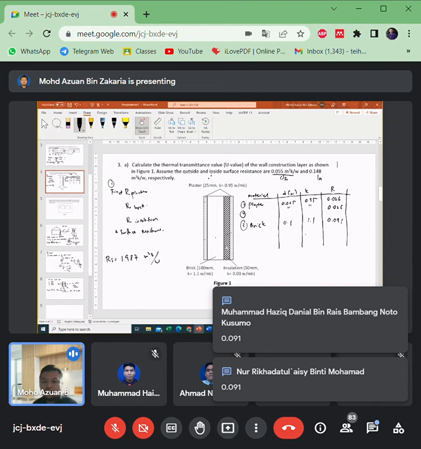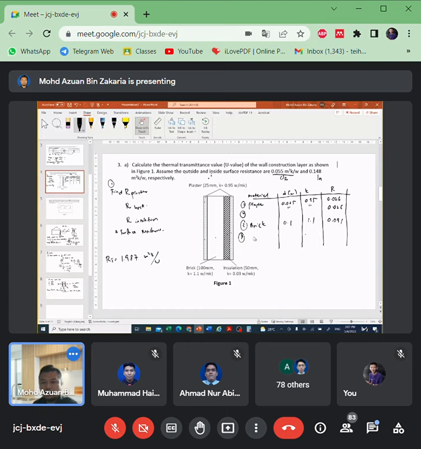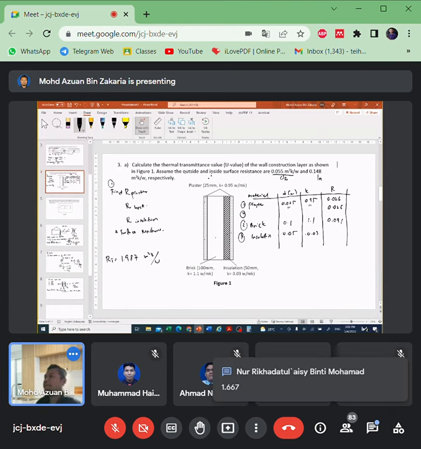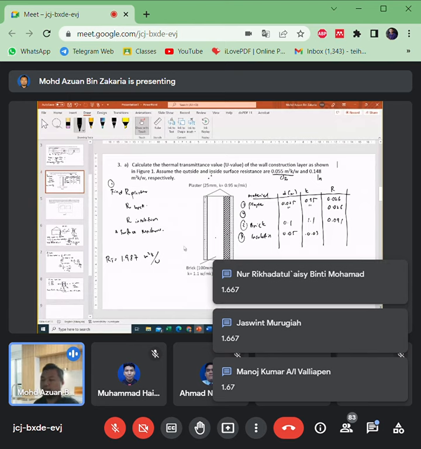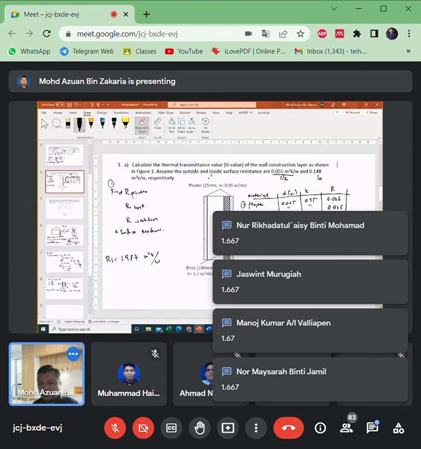Last but not least, we have insulation, which is 0.05 meter divided by 0.03, a very small K value. What do we get for the insulation R value? 1.667. All right, thank you very much.